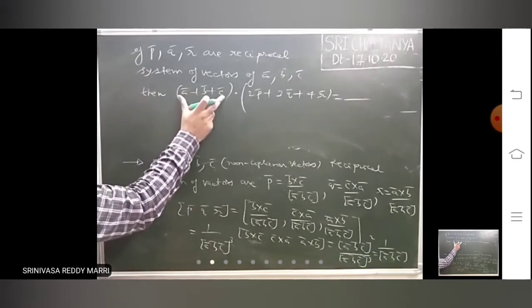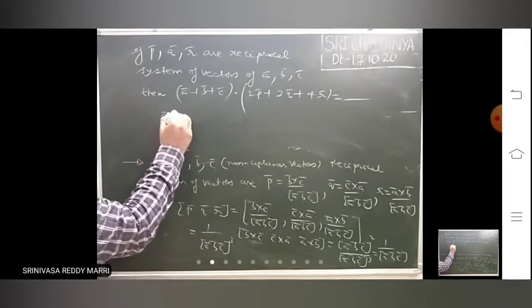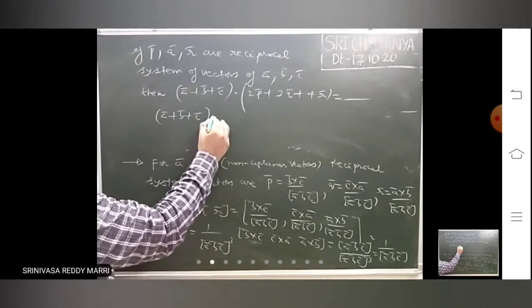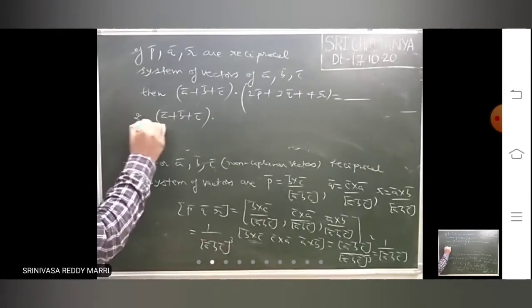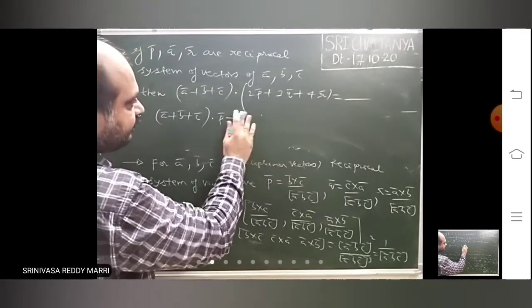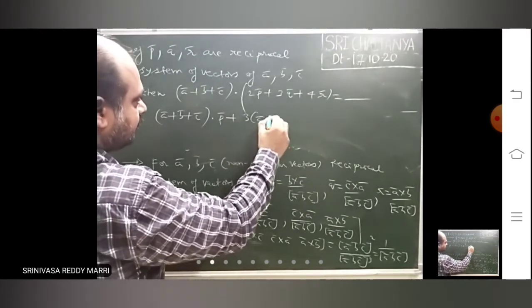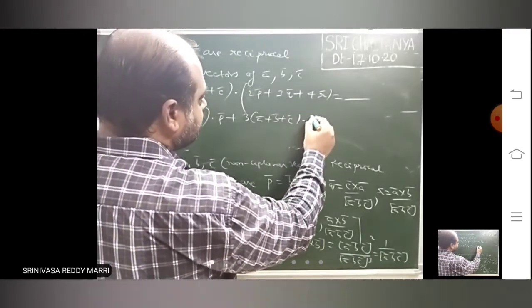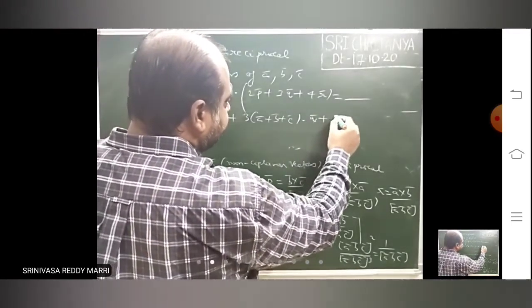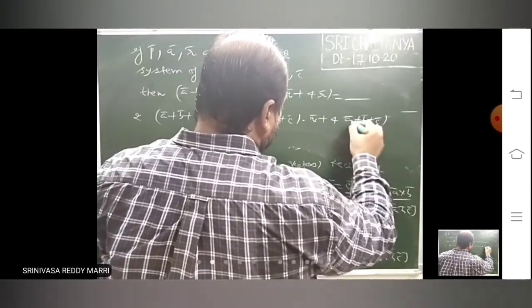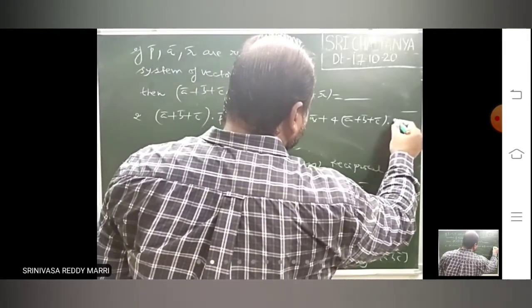Look, I am doing the dot product with P first. A bar plus B bar plus C bar dot 2P bar, 2 I am writing outside, dot P bar, plus 3 I am writing outside, dot Q bar, plus 4 I am writing outside, dot R bar.